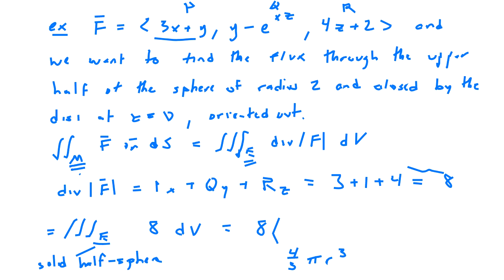That's for a sphere. Since it's a half sphere, what are we going to get? Obviously, just 2/3, right? So 2/3 pi r cubed, where r here is 2. So I get 128 over 3 pi.